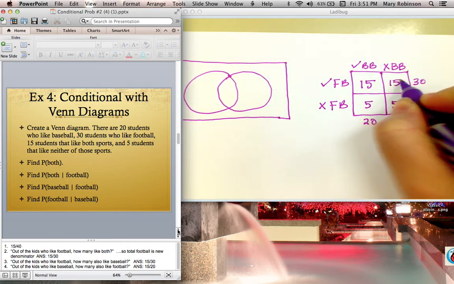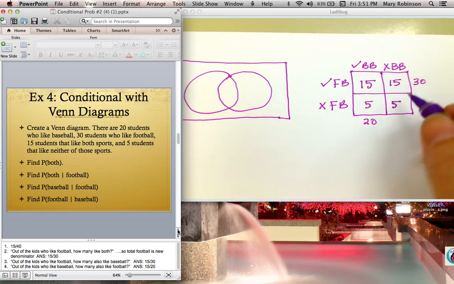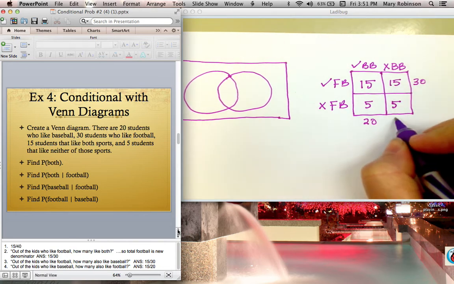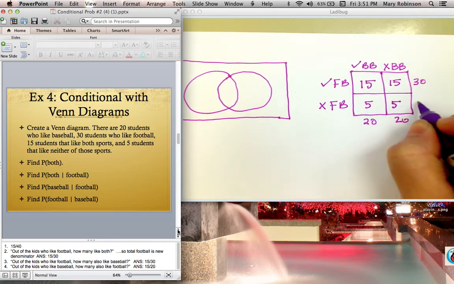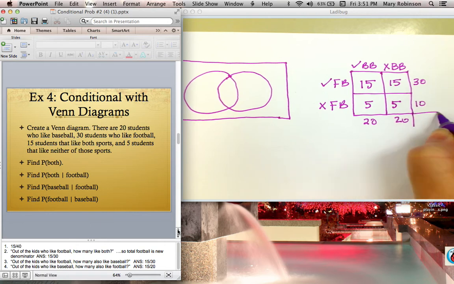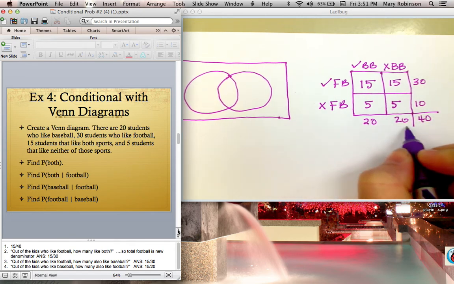That's going to be 15. We can also find our totals. 15 plus 5 is 20, and 5 plus 5 is 10. Remember to always include your total, and that the sum vertically, 30 plus 10, should also be the same as the sum horizontally. 20 plus 20 is 40.